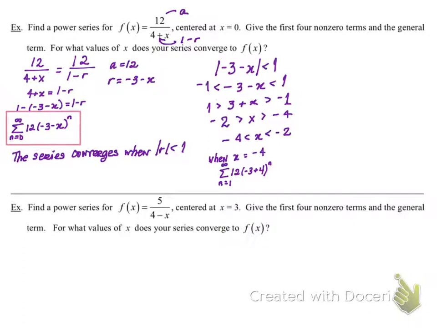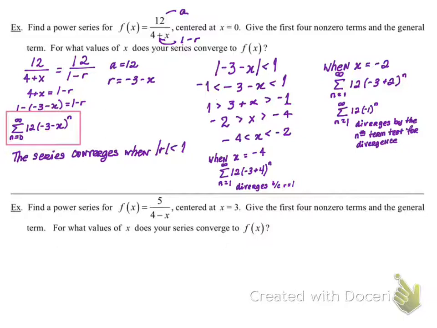So exciting. Okay, so when x equals -2, that is an alternating series that just bounces back and forth between 12 and 0. Therefore, it diverges by the nth term test for divergence.